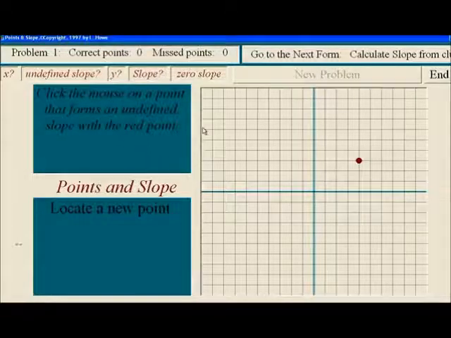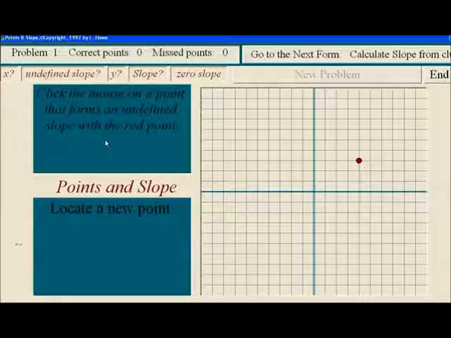Now, we did get an undefined slope. There are two kinds of slopes that are sort of unusual. There's a horizontal line, and it has a slope of 0. Like if a road out in the Midwest, like in Kansas, the roads are straight, flat. There's no slope to that. Gas mileage, it's easy on them.